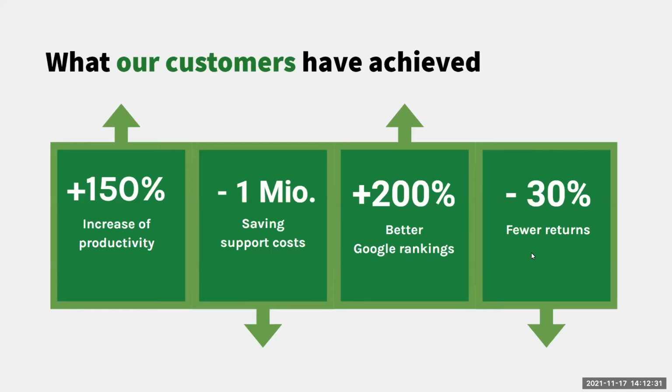You see, it's the same customer that these two numbers come from. The returns plummeted by 30%, and they saved on all that processing just because the products were described right. Also, we see huge gains in rankings for these products in search engines, and with that also conversion rates usually go up because, as said, the products are described better.